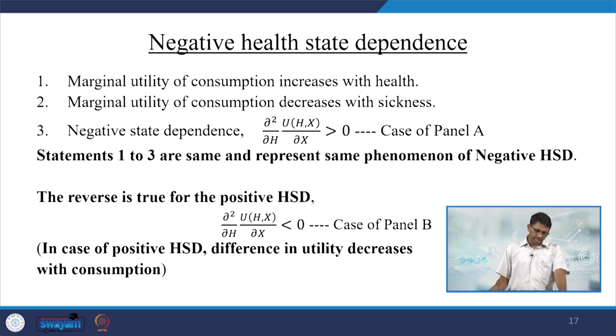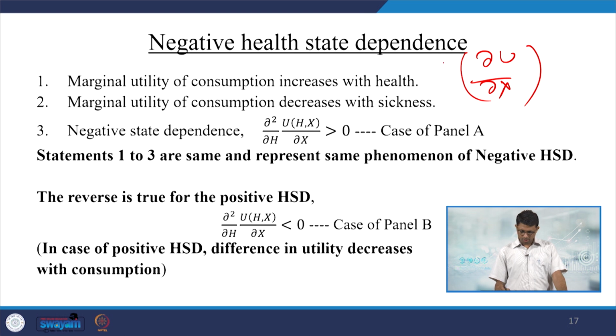So, the negative state dependence can also be validated with the equation simply. First you check the first order derivative du by dx, then you check it with d by dh, with the cross-sectional changes.